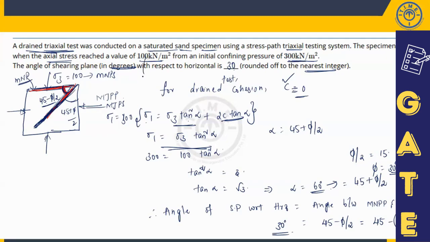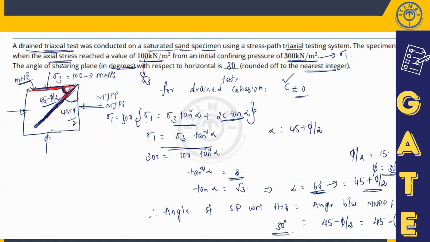That is sigma 3 is 100, sigma 1 is 300. 300 equal to 100 tan square alpha. From this I got tan square alpha is 3, tan alpha is root 3. At what angle is tan theta root 3? 60 degree. Alpha is 60 degree. But we know from the plastic equilibrium equation alpha equal to 45 plus phi by 2. From this I calculated phi as 30 degree.